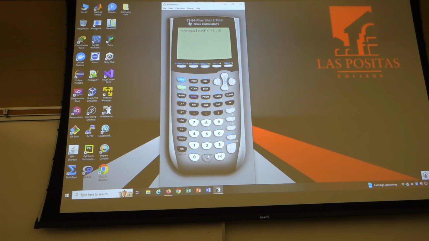Negative 1.35, comma, 0.94. And if you have the fancy calculator, leave your mean at 0 and standard deviation at 1, or it'll mess you up. 0.738. Good.